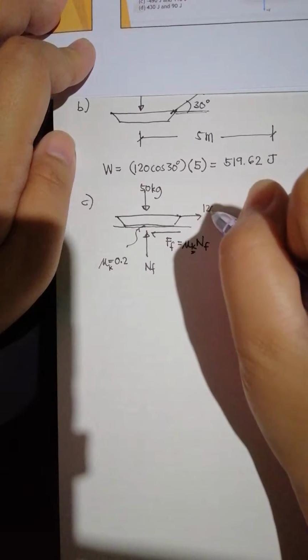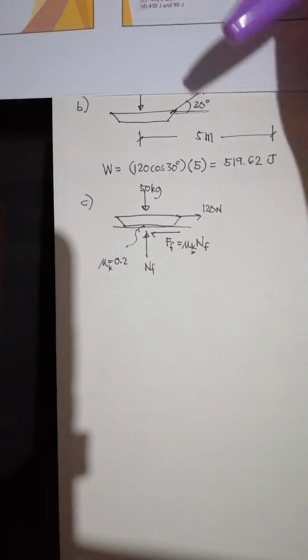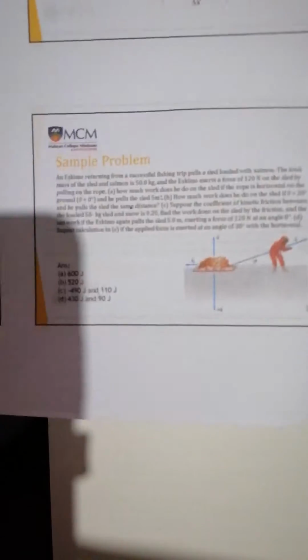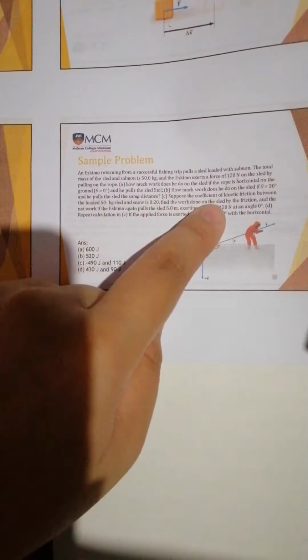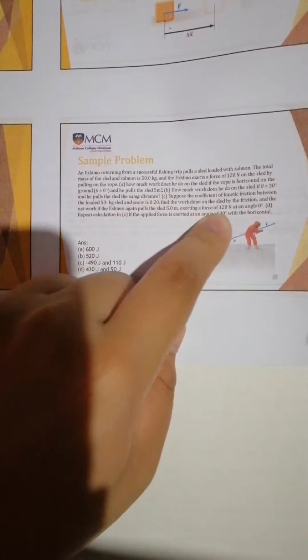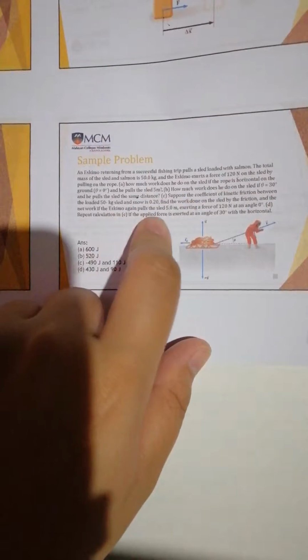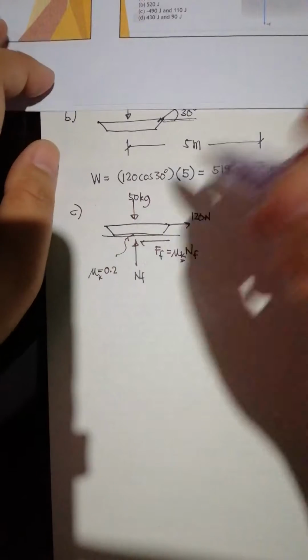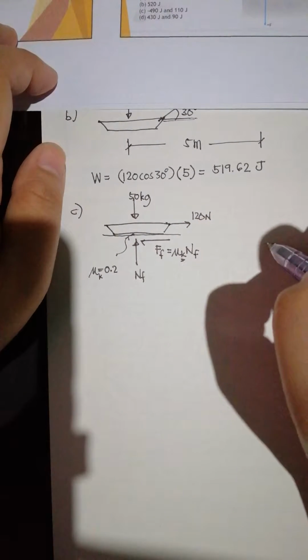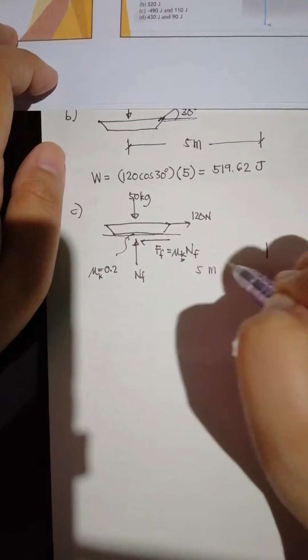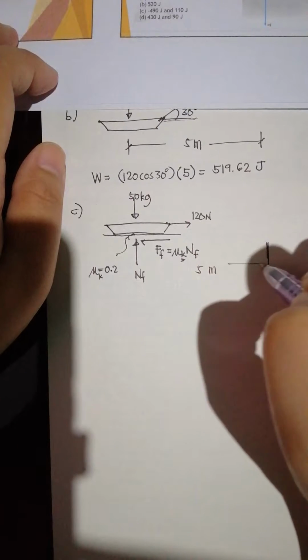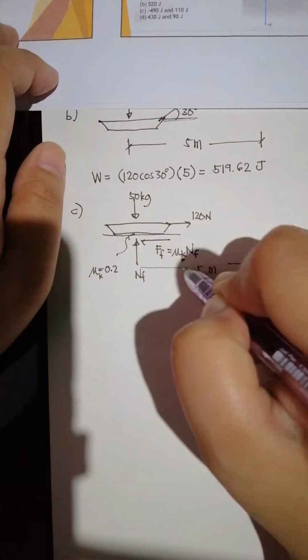So this is again 120 newtons, where theta is 0. The displacement is still 5 meters.